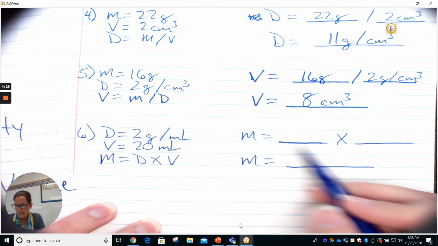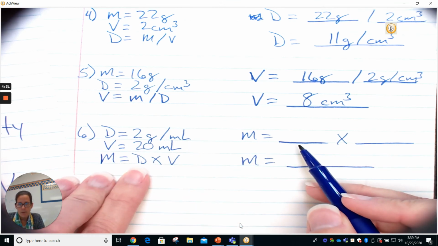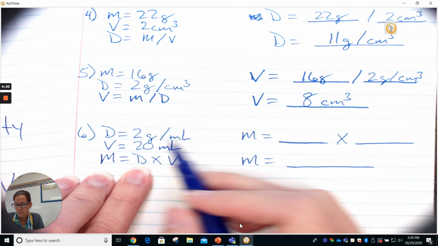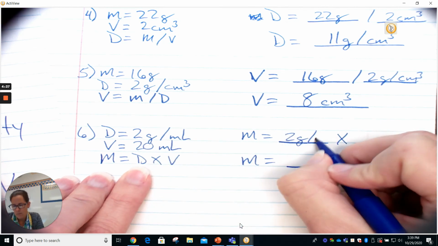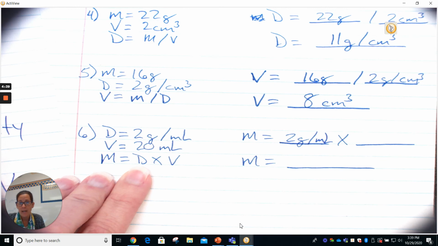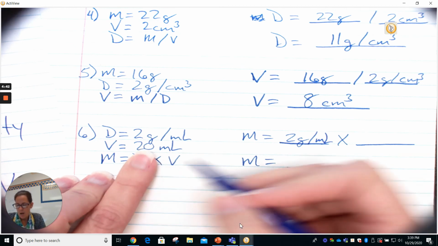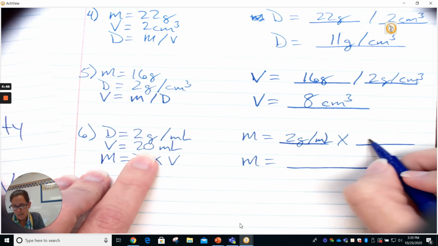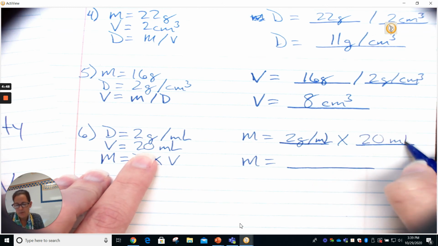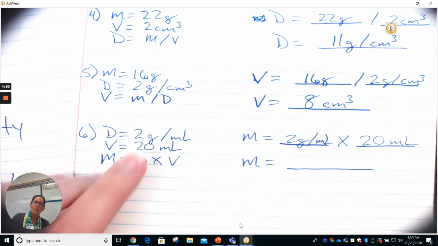So our density is what we need first. That's going to be 2 grams per milliliter. Our volume is what we would put second, and that is 20 milliliters. And now we can figure out our mass.